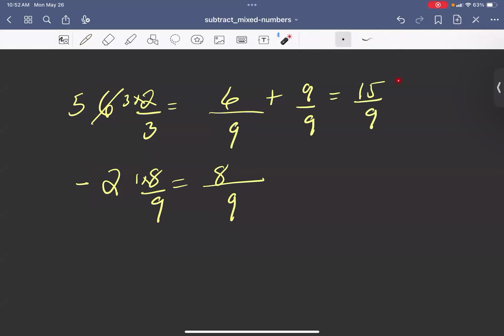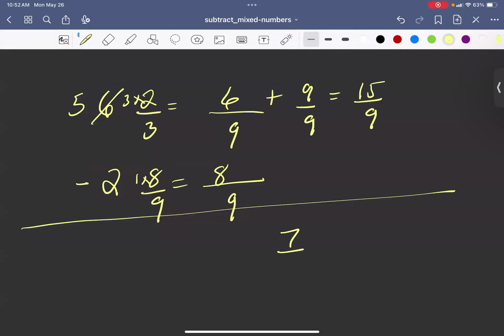Now I can subtract. 15/9 minus 8/9 is going to give me 7/9. And then 5 minus 2 is 3. So our final answer is 3 and 7/9.